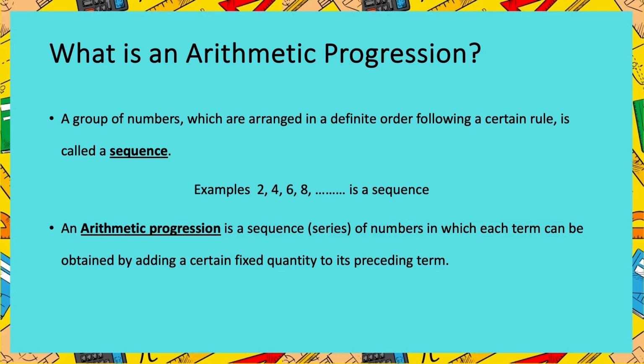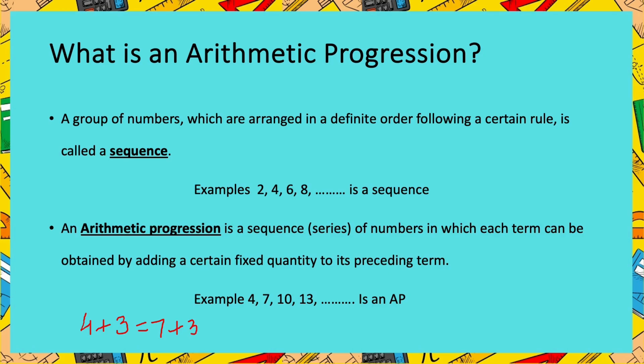Now, an AP is also a type of sequence in which the common difference, that means the difference between any two consecutive terms, remains constant. For example, if we look at the AP given below, the first term is 4, the second term is 7, and then I have 10 and so on. So the common difference here is 3.